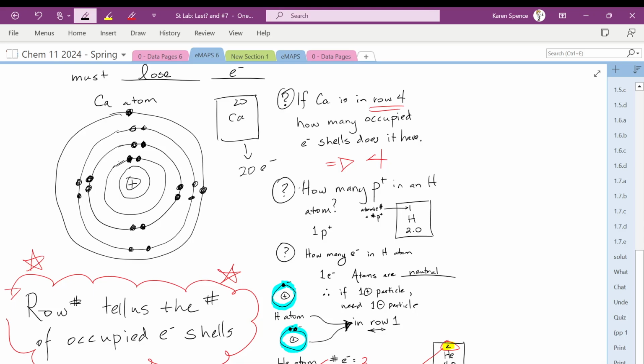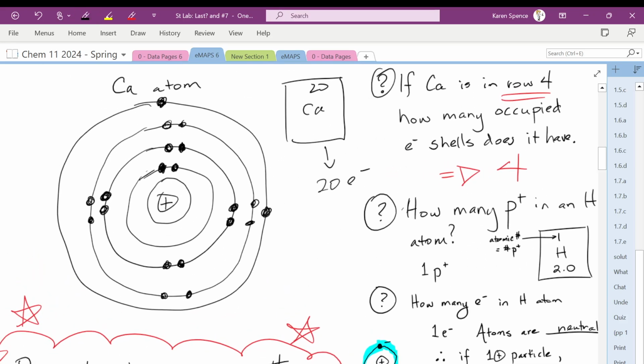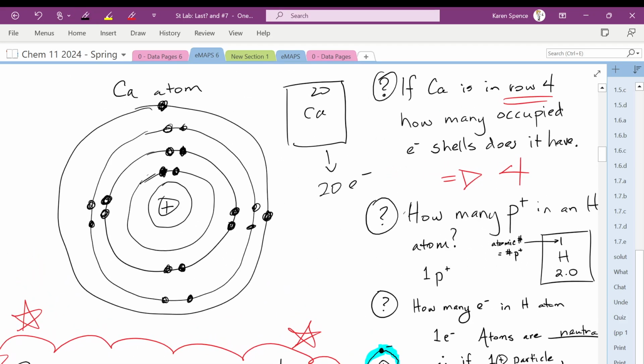Okay, so let's look at this calcium atom. What does it need to do? It needs to lose electrons. How many electrons would it need to lose to become a calcium ion? 2. It loses 2 electrons.